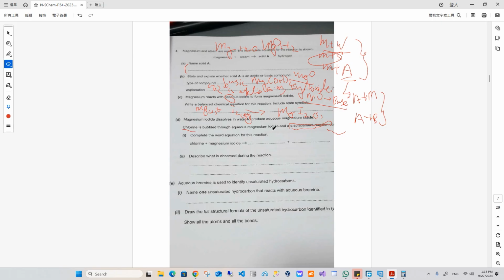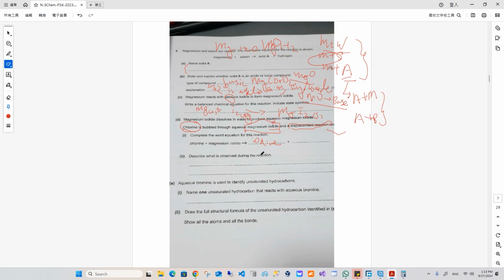Fluorine, chlorine, bromine, iodine are all group 7. When chlorine goes in to displace the other out, the one in the compound is displaced by this one. So chlorine is a gas going in, then the iodine has to come out. One of them has to be iodine. Up to you, you can write it here.